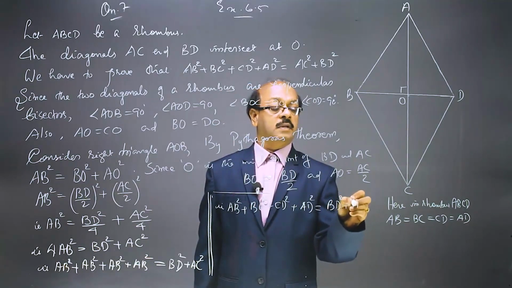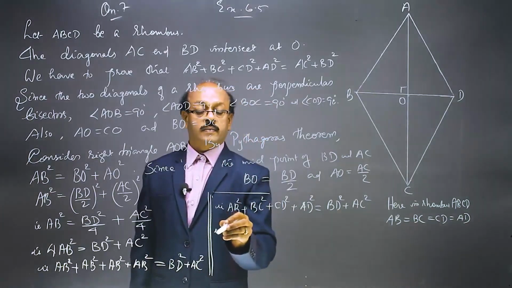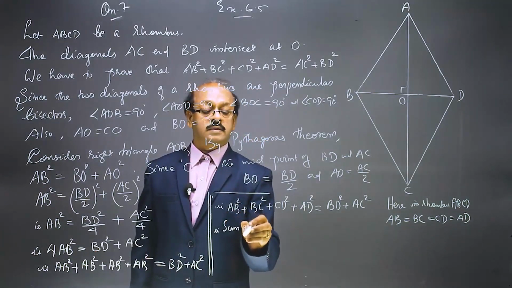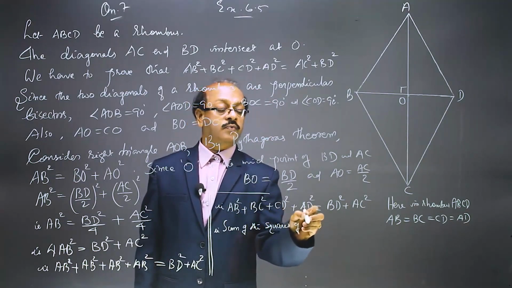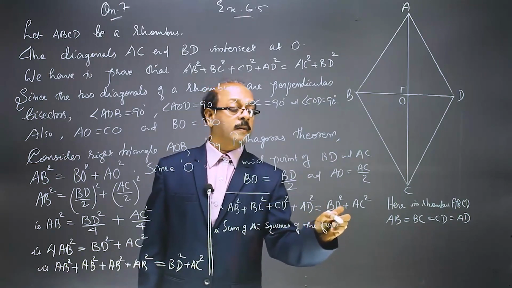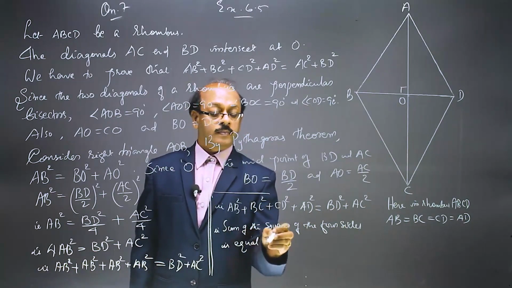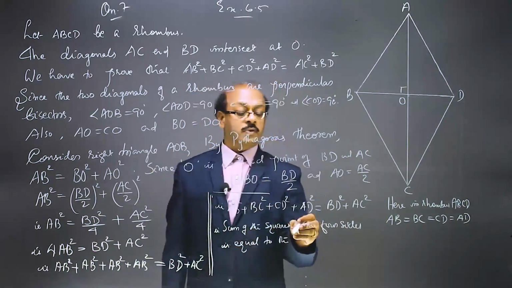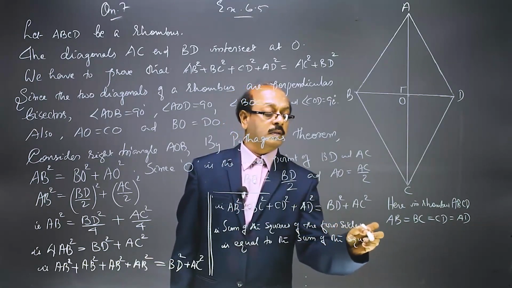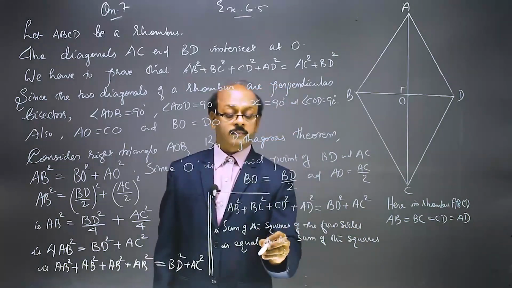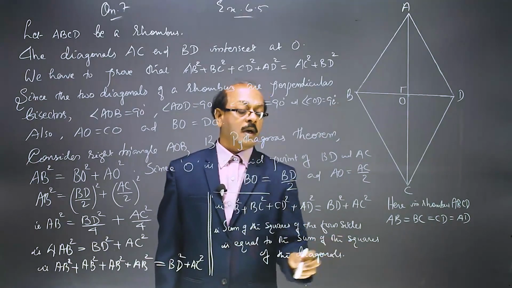That means the sum of the squares of the four sides is equal to the sum of the squares of the diagonals. Hence proved.